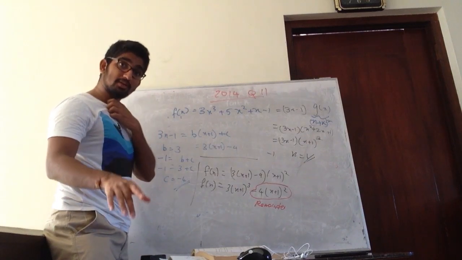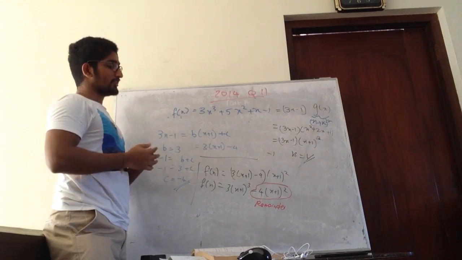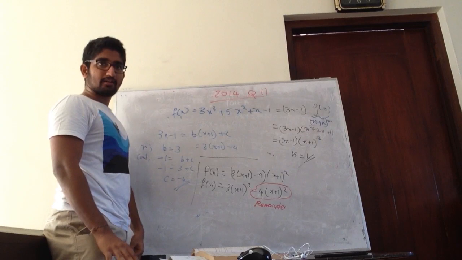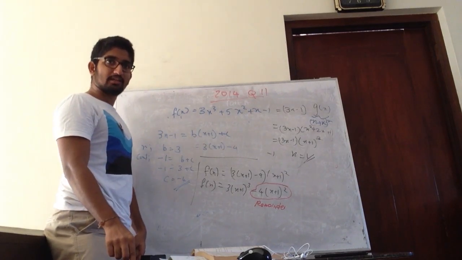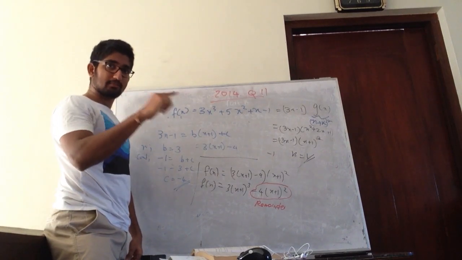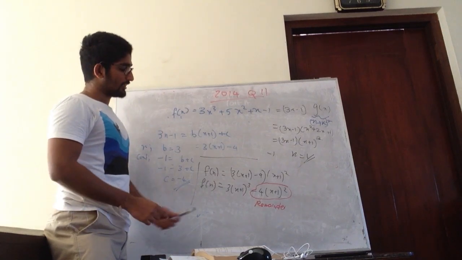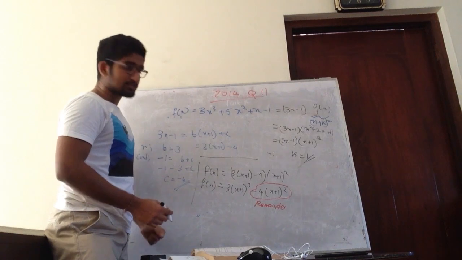But some people make a very silly mistake. So don't make this silly mistake. If you ever think of making this mistake, just remember this is wrong. What some people do is that they now divide this by x plus 1 cube.